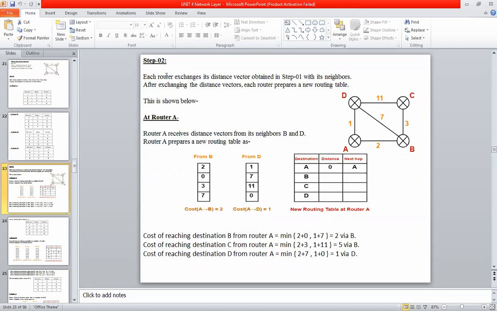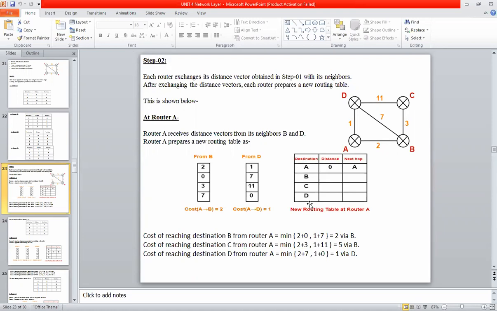How we consider a particular cost, weight, or delay will come in step 2. Accordingly, we have to update the particular table.